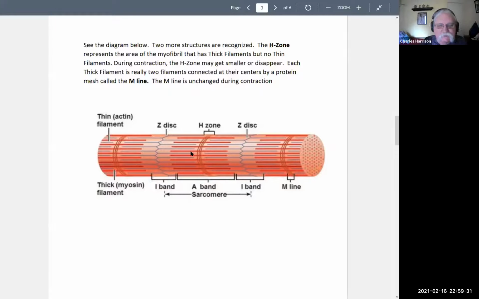We can't scrunch the thick filaments in the A bands, but we can move into this area here, and the I band will get smaller as the muscle contracts. Now here, instead of calling it a Z line, they have changed to calling it a Z disc, which I prefer actually, because that's that wafer that we talked about.